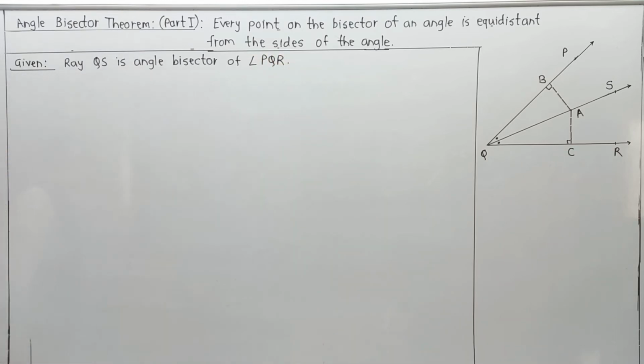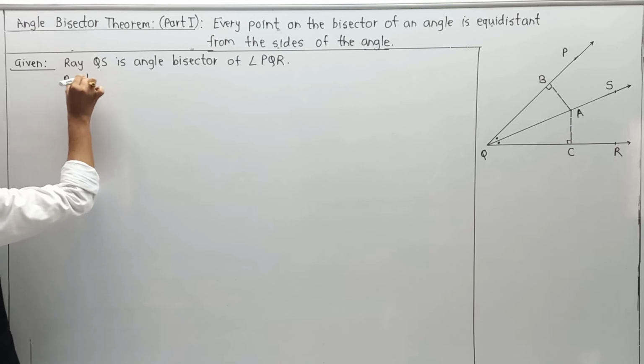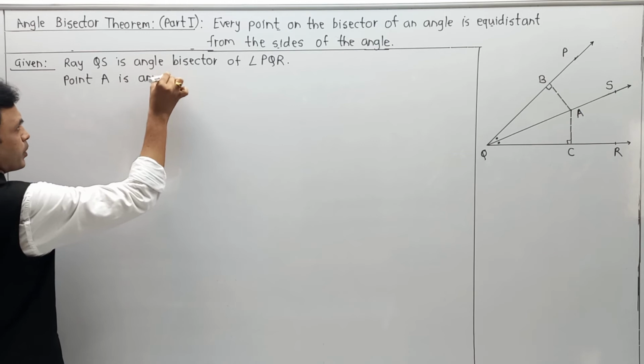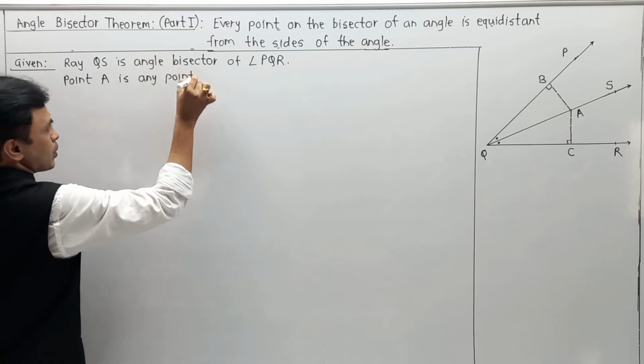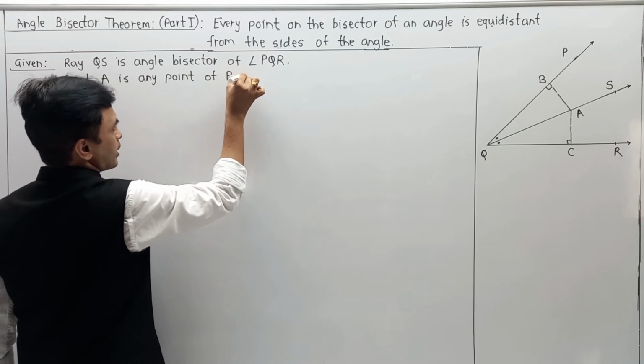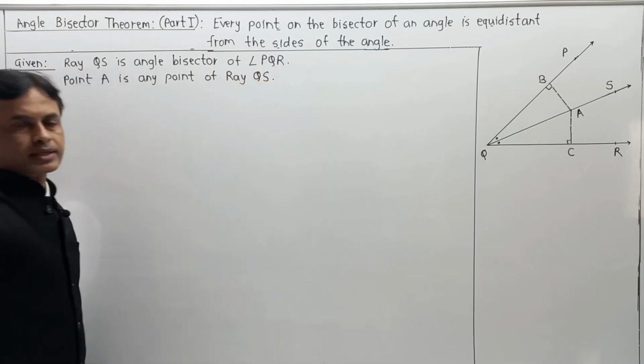Next, point A is any point of ray QS, means from angle bisector.